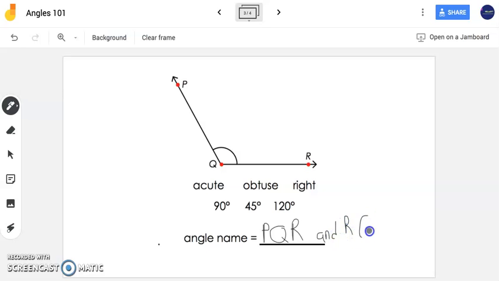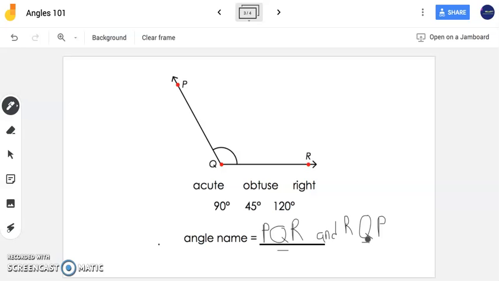Now, looking at the way I labeled this angle, I notice that Q is the middle letter in both of my labels. That's because that is the vertex of this angle. The vertex needs to be the middle letter when you are labeling your angle. Notice it's Q here and Q here. That's going to help me identify the two correct options when labeling my angle choices.